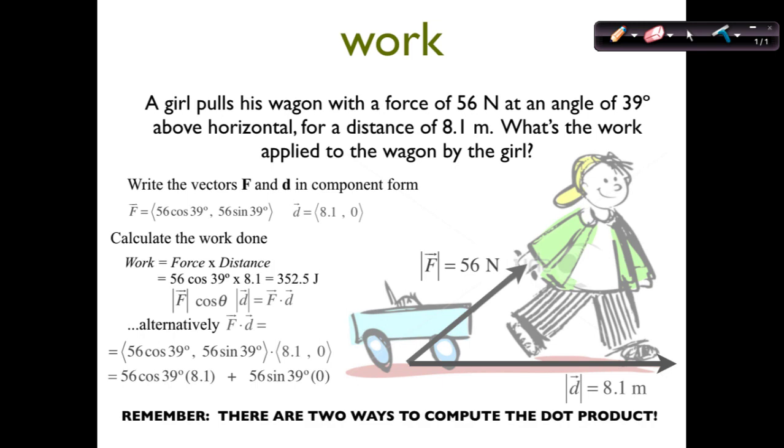So it says, right on the black line, in big bold letters, remember, there are two ways to compute the dot product. They give you the same value, so use whatever's most convenient. Two ways of computing the exact same number.